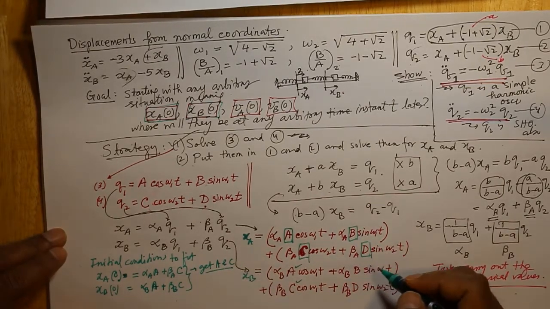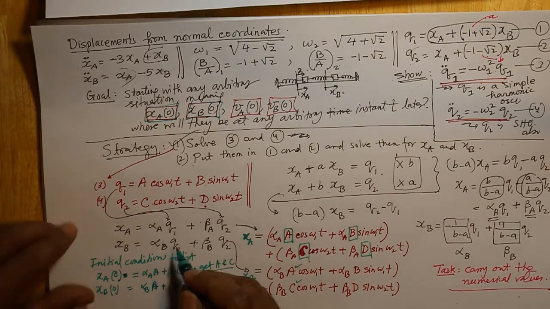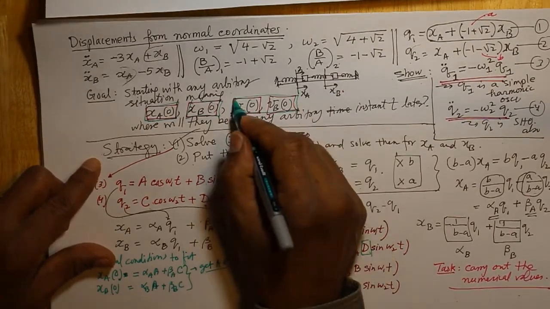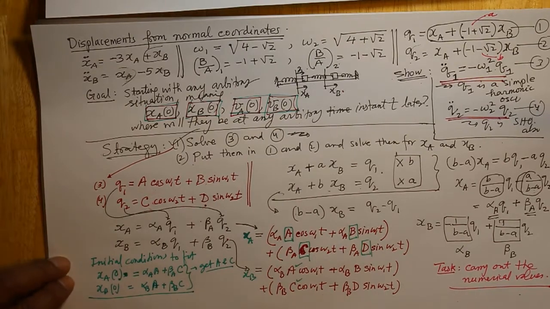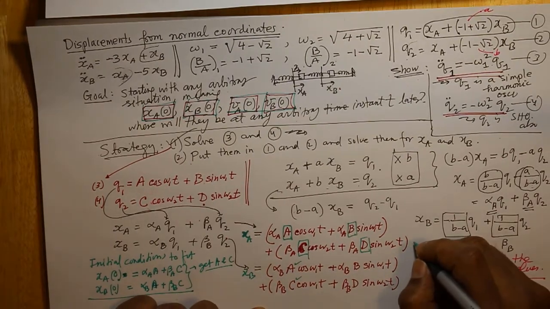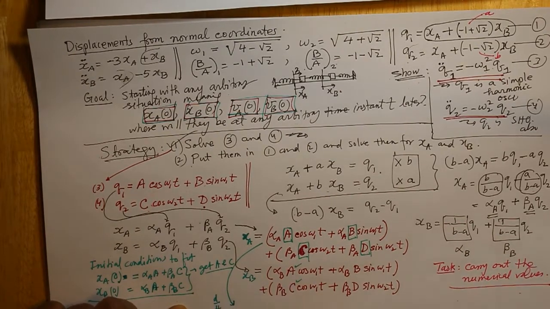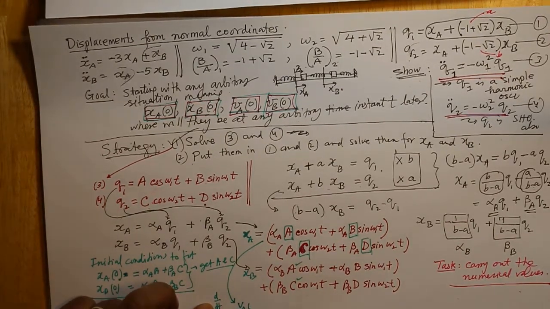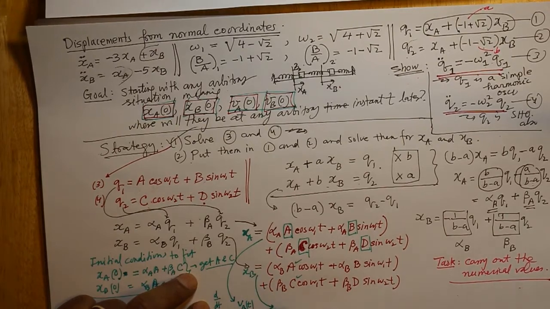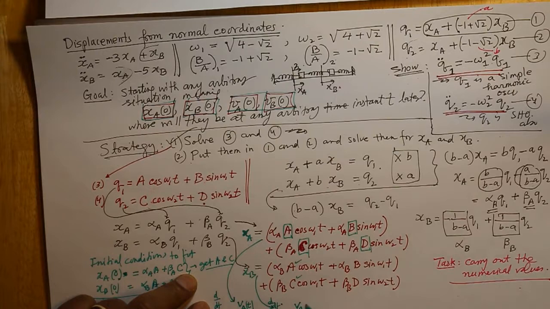I don't know what B and D will be, and for that I have to use the velocities. So to get the velocities, I need to take d/dt of this to get VA(t), and d/dt of this will give me VB(t).